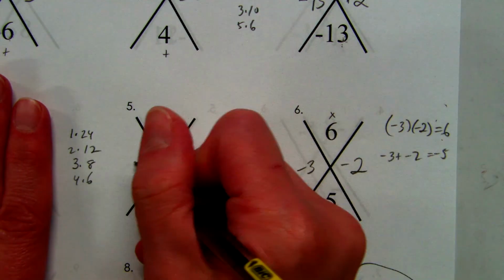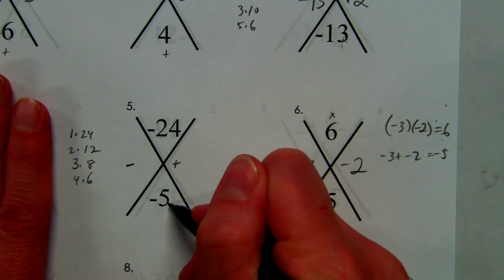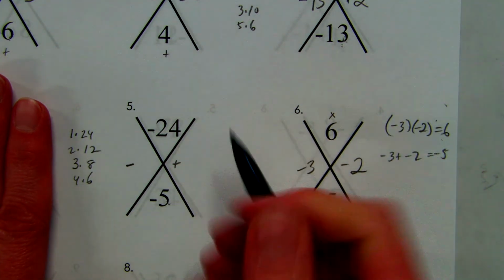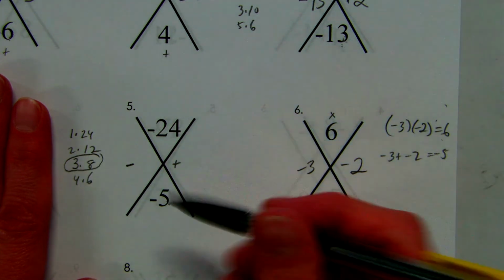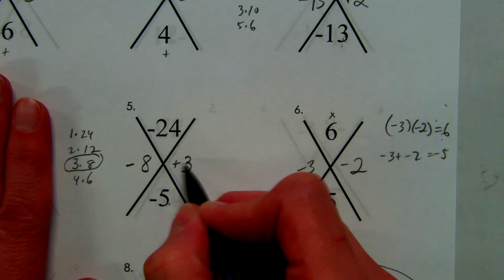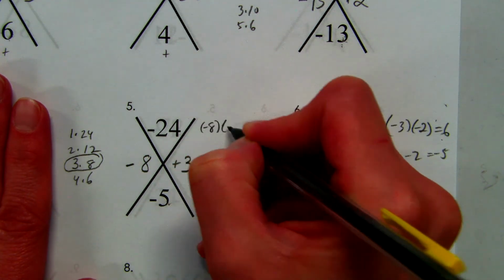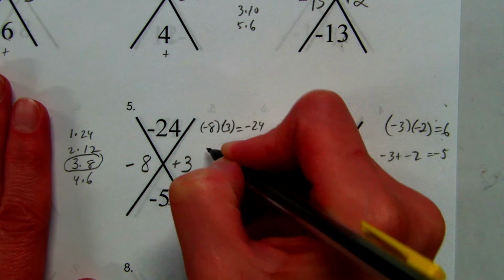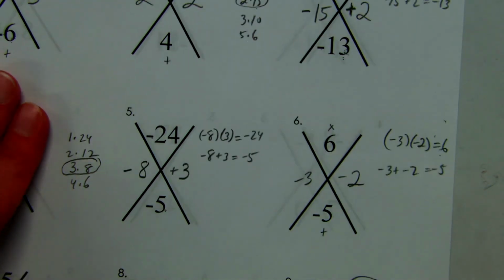If this is negative, one of these is negative and the other is positive, so this is the difference between the two numbers. So you have to think about subtracting. I notice 3 and 8 have a difference of 5. So if I want this to be negative, I'll make the 8 negative and the 3 positive, and that adds up to this. Just to summarize, negative 8 times 3 is negative 24. Negative 8 plus 3 is negative 5.